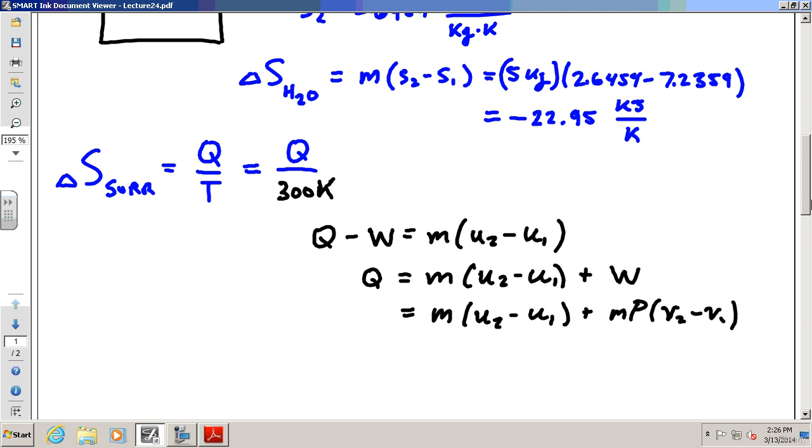Remember this, if it's a constant pressure process, the work is just P times V2 minus V1. And then, remember this, H is equal to U plus PV, right?